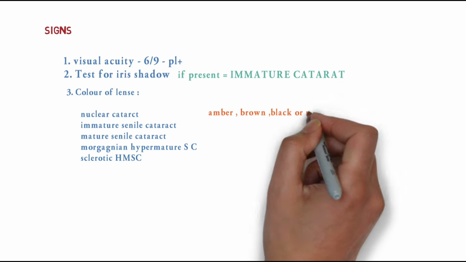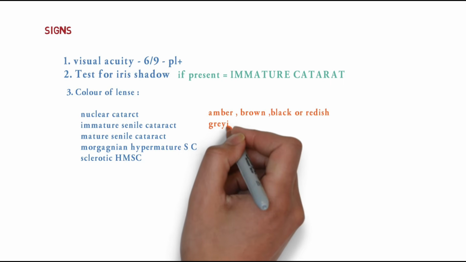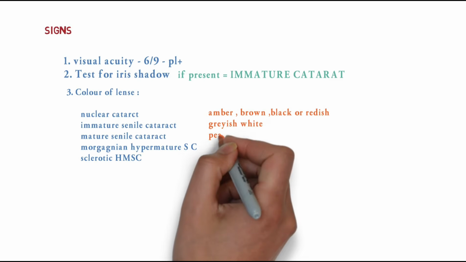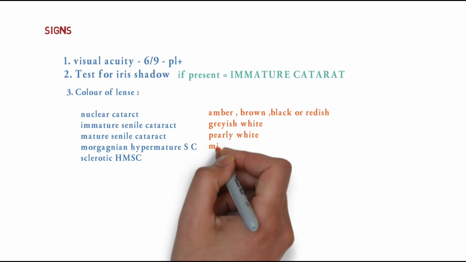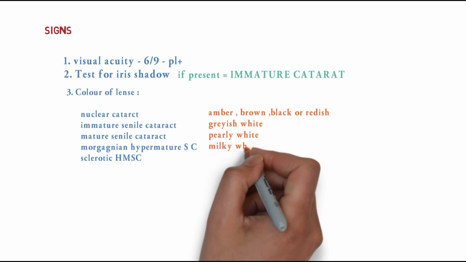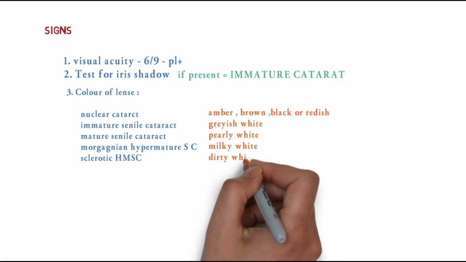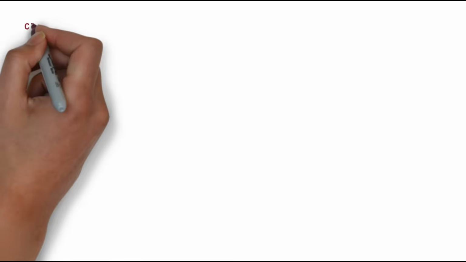In immature senile cataract, there is a grayish white color of lens. In mature senile cataract, there is a pearly white color of lens. In Morgagnian hypermature senile cataract, there is a milky white appearance of lens. In sclerotic hypermature senile cataract, there is a dirty white color of lens. So this is the color of lens in different types of cataract.